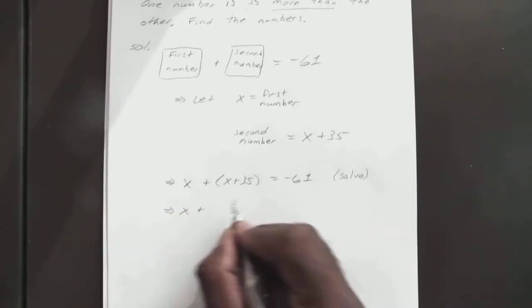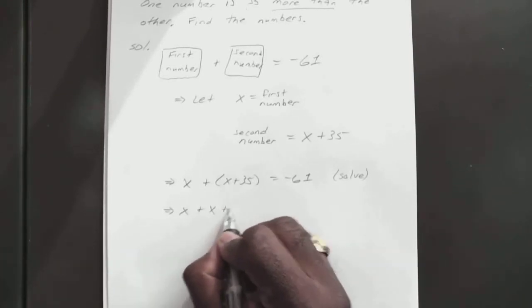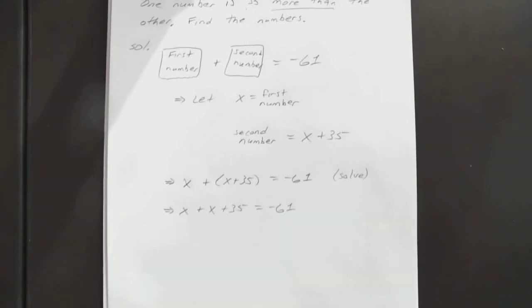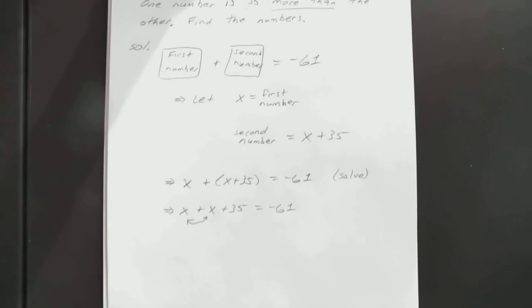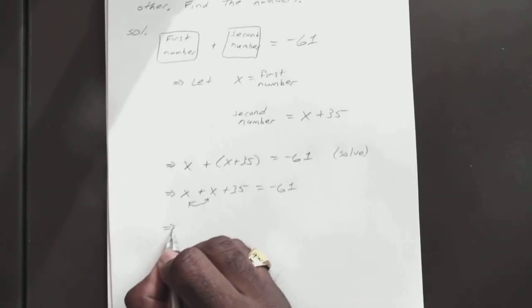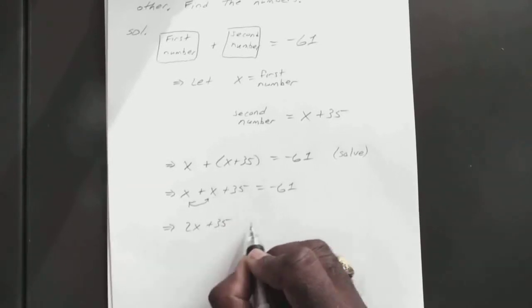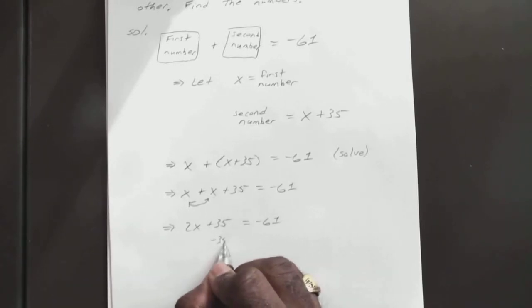Okay, so once we get it there, we just go ahead and solve for x. You can drop that parentheses because everything's positive here. So x plus x plus 35 is negative 61. You can go ahead and combine those two terms. So we have 2x plus 35 is negative 61. Okay, subtract 35 from both sides.